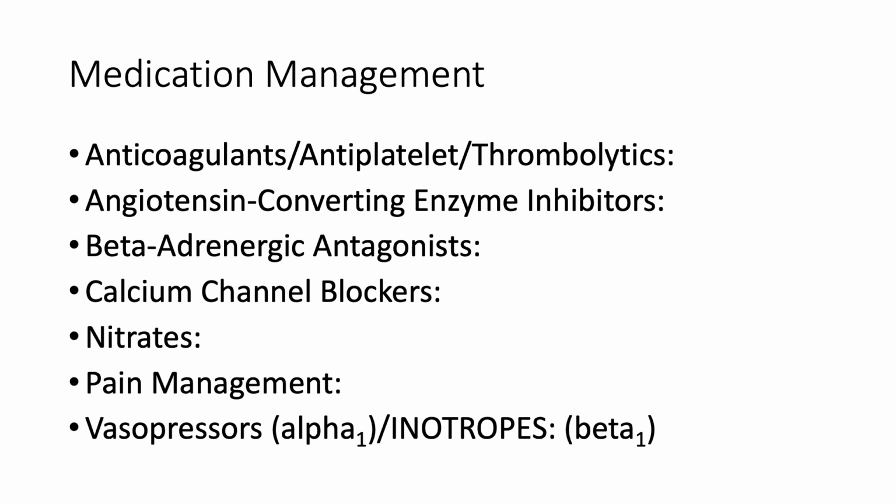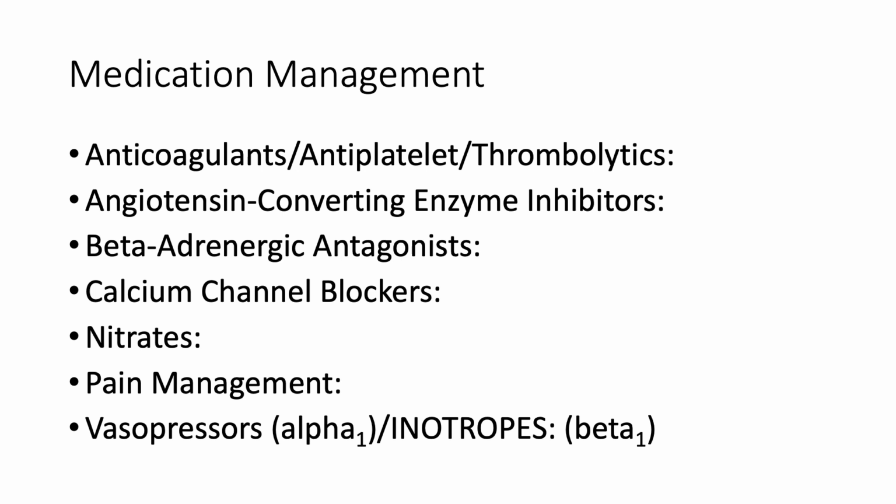Nitrates we've mentioned, we use it for angina, anginal episodes. We use them to control angina over the long term with regular use of pills, but more often now in transdermal patches. We can use the nitrates for unstable angina or an NSTEMI where the chest pain isn't going away.